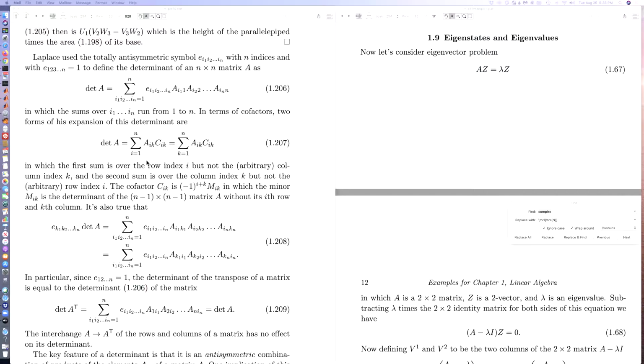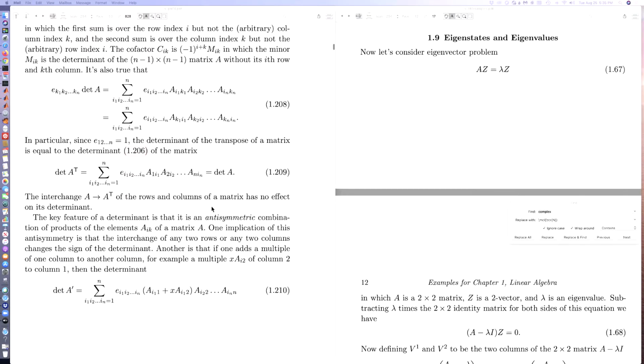And Laplace showed that you could write that in terms of what we call cofactors. And the cofactors are a phase factor times the determinant of the matrix of lower order, n-1 by n-1, of the matrix A without its ith row and kth column.